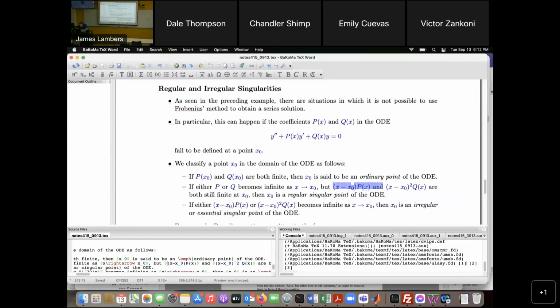But if either one of these is still infinite, in other words, multiplying by x minus x naught for p, or x minus x naught squared for q, does not cancel out the singularity, then x naught is called an irregular or essential singular point. Those are the ones that are a problem. We don't like those.